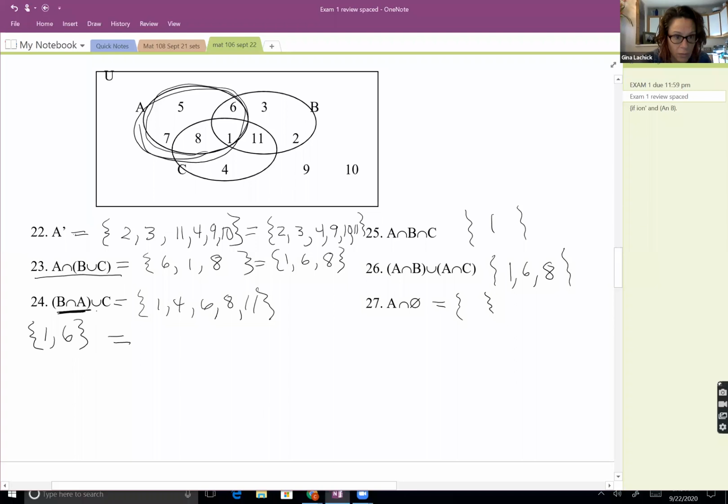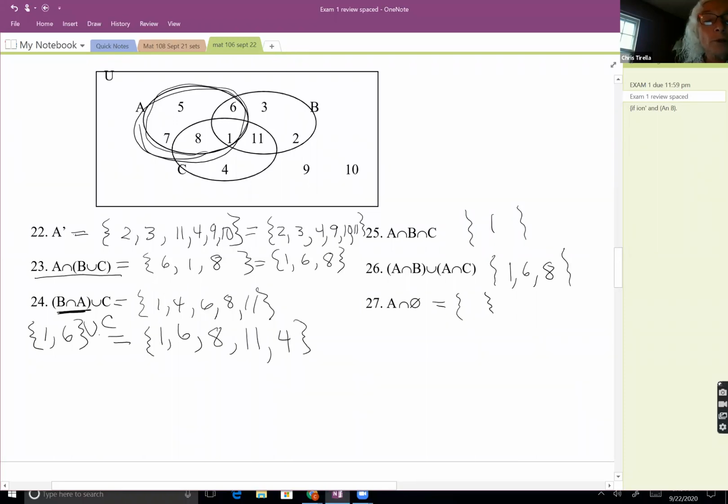When I take the union with C, I'm taking what A and B have in common, which is 1 and 6. But then union C means I'm adding absolutely everything from C into it. Union means add it in, include it all. You're marrying them together. That's what I say in my head. But I'm looking at B intersect A, so I'm picking the 1, the 6, the 8, and the 11.